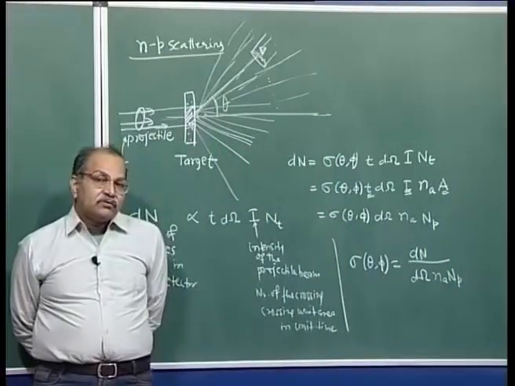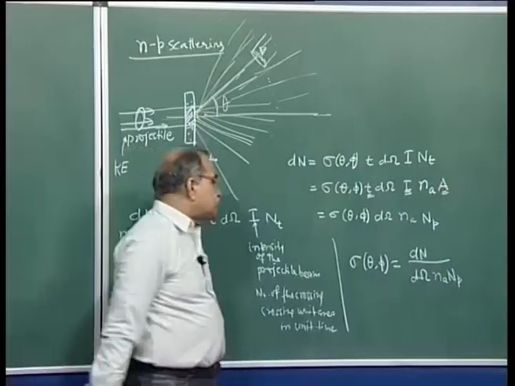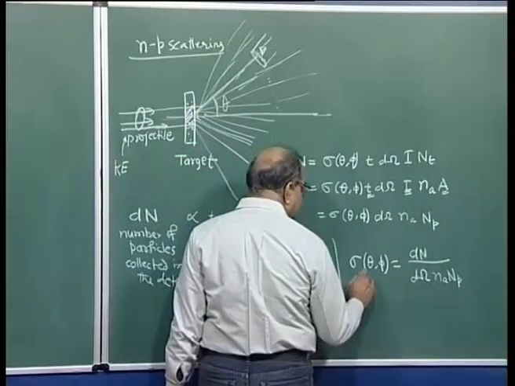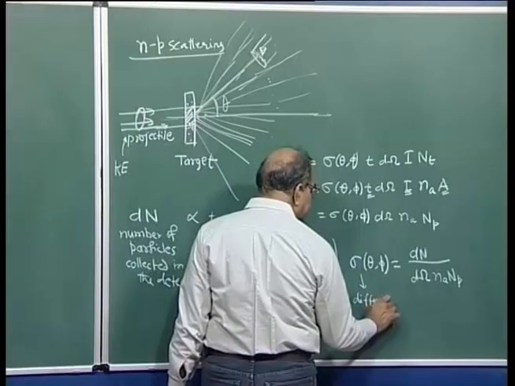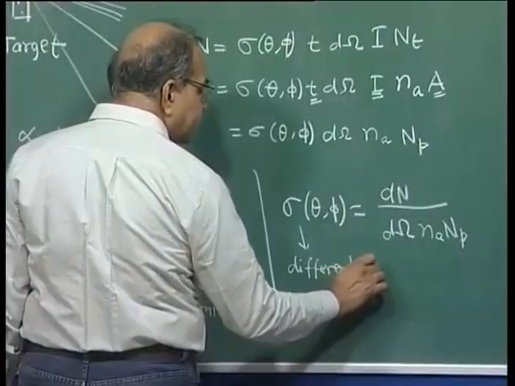And this is called the differential scattering cross section.